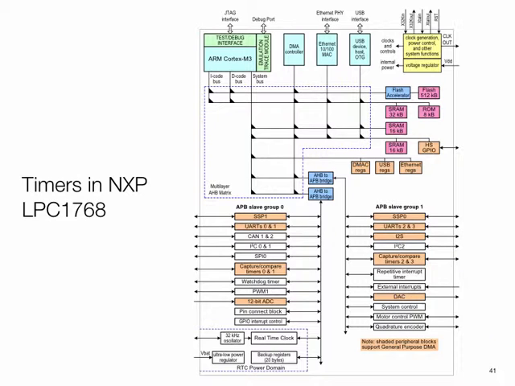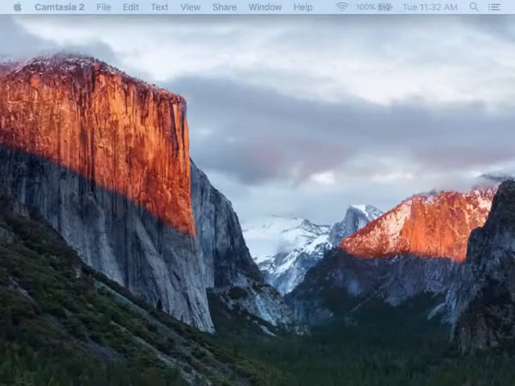The whole quadrature encoder thing, you could conceivably do it in software through GPIOs, but your accuracies would be horrible. Whereas by making use of these specialized resources, you reduce the burden on the software and you get much better performance.